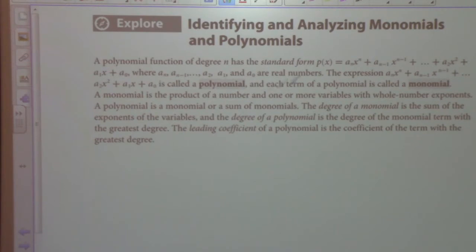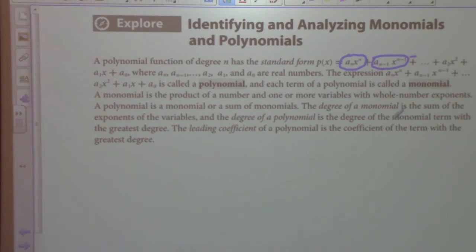The terms are the things that exist between the plus and minus signs. So this would be a term here, and then separated by this plus sign, that's another term. You could have minus signs separating, but a minus is just adding a negative, essentially.